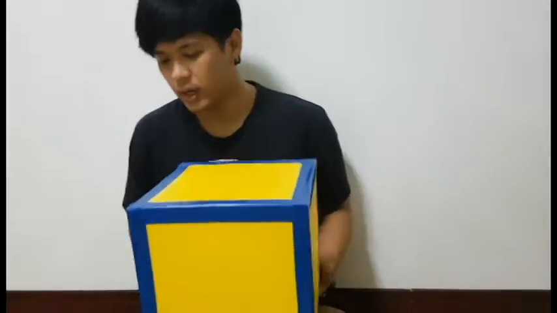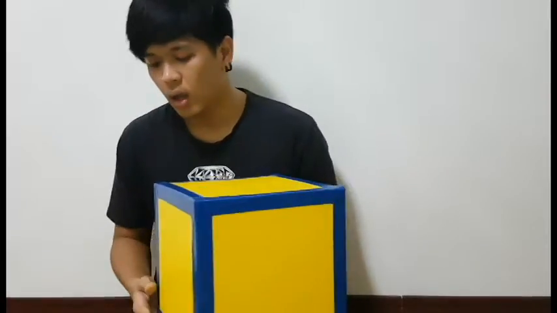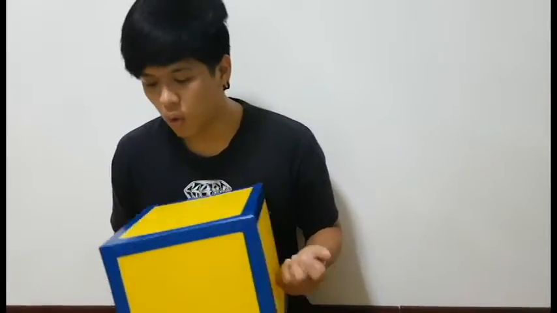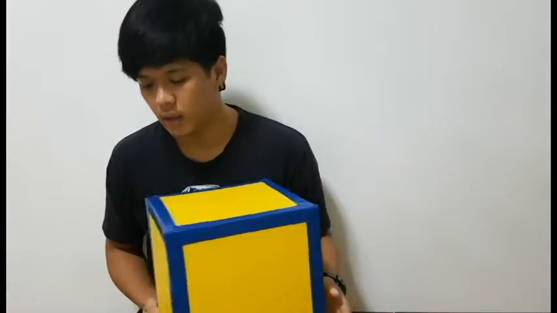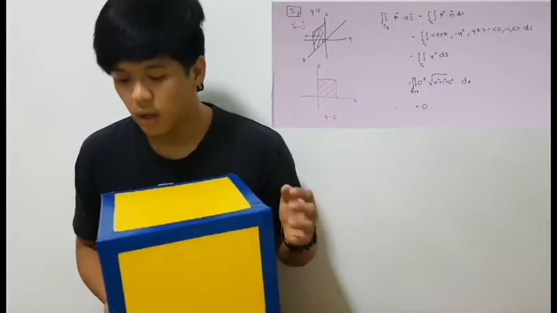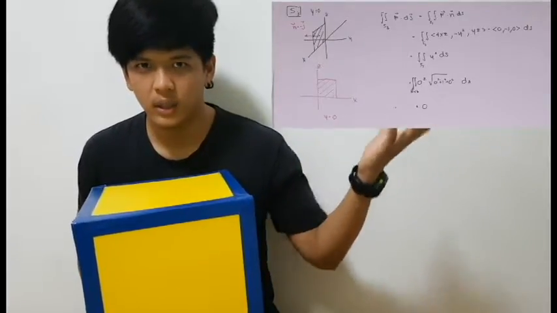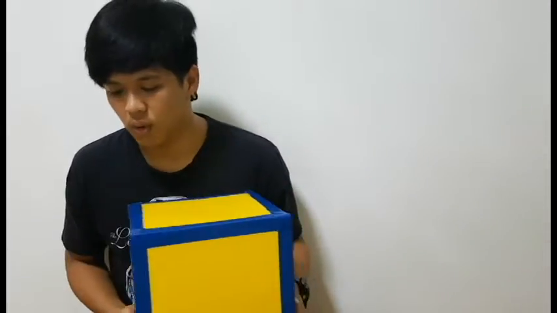At surface 3, y equals 0. n goes in the minus j direction, and the projection is on the zx plane. The equation looks like this, and the answer equals 0 because y equals 0.